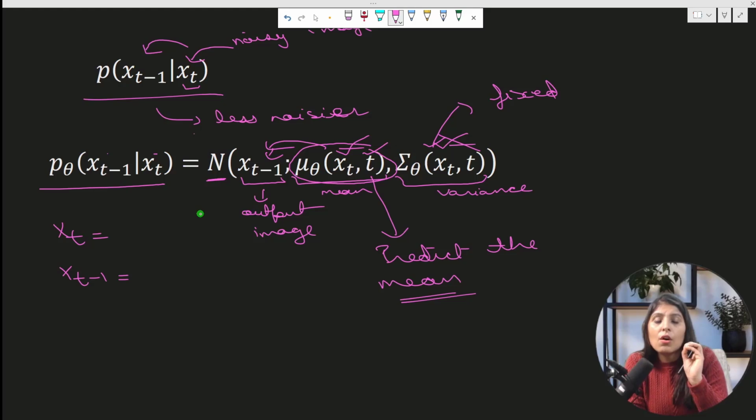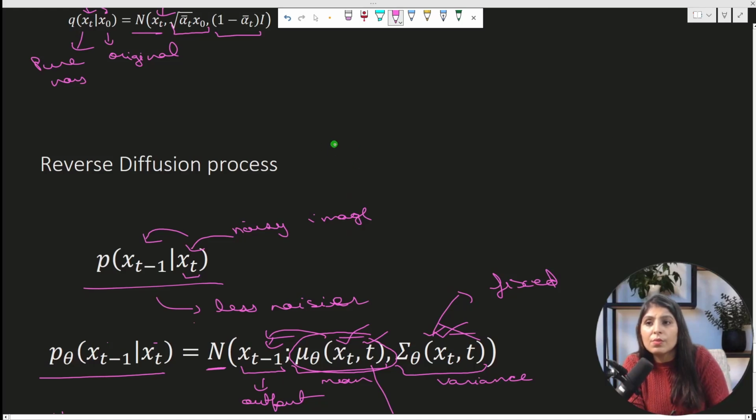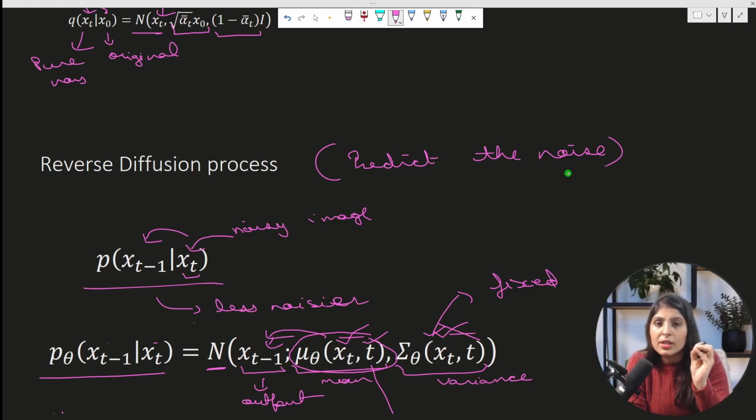So the task of this reverse diffusion process is to predict the noise. What is the task of this reverse diffusion process? We will predict the noise. And why do we want to predict the noise? Because in the forward diffusion process, we added some noise at each time step.